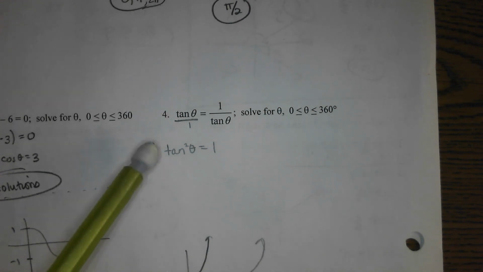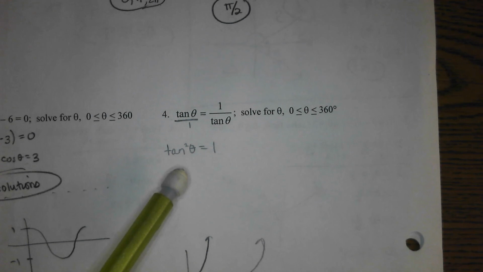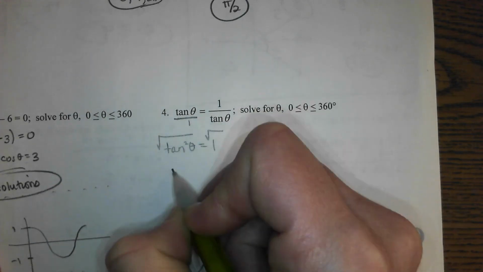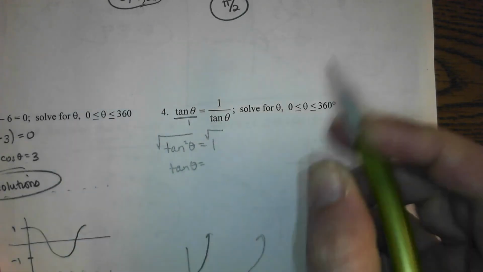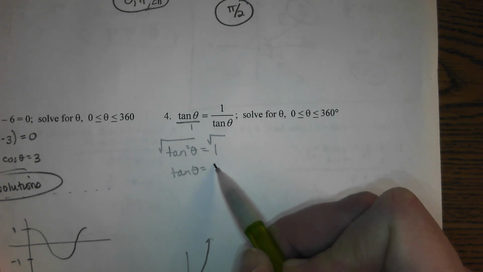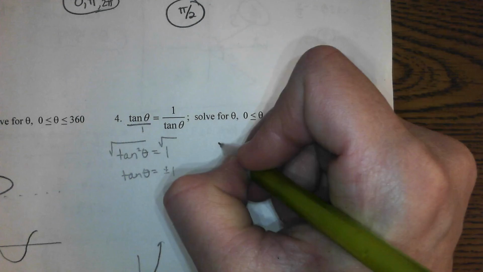Okay, so you could subtract your 1 over and then factor, because it would be tan squared minus 1, which is the difference of perfect squares. Or, as Andrew keeps saying, you could just take the square root of both sides. Whenever you take the square root of both sides, what symbol do you have to remember? Plus or minus 1. So we have two situations to consider.